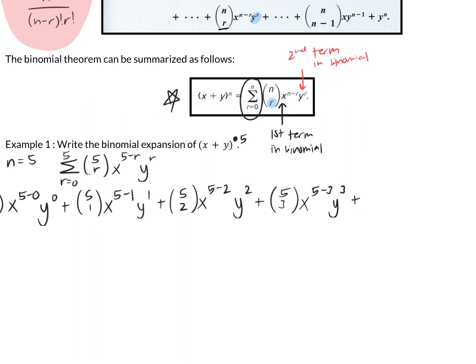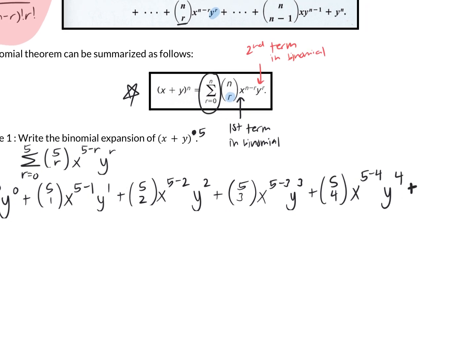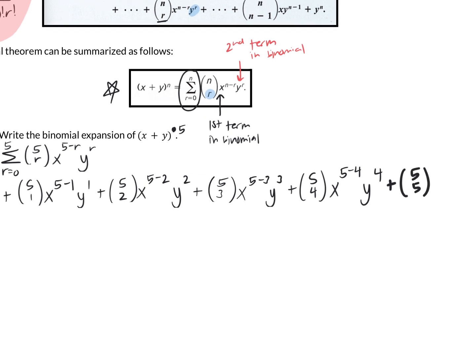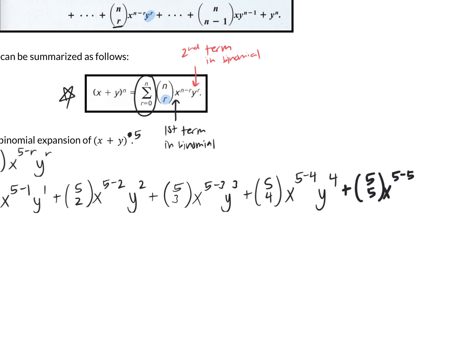We following so far where I'm getting all these numbers from? Okay, then I've got 5 choose 4 of x to the 5 minus 4 and y to the fourth. And then lastly, 5 choose 5 of x to the 5 minus 5 times y to the fifth power.